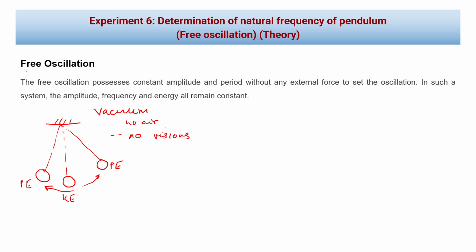This is what is called free oscillation. If I draw it in the form of a wave, with time, if I have just started at t equal to 0 from here, say I took it till here and left, then the amplitude will be in this form.